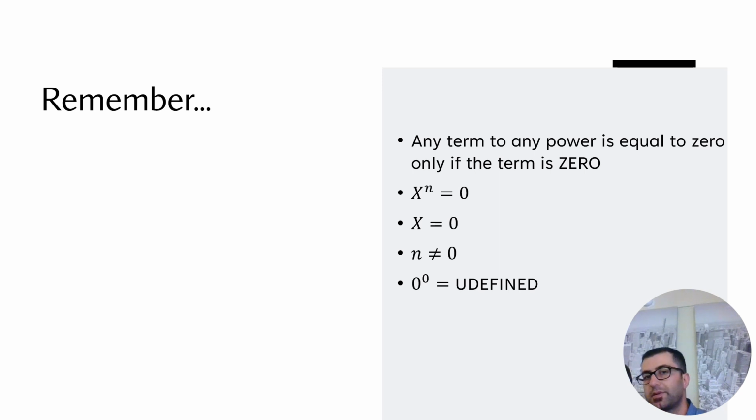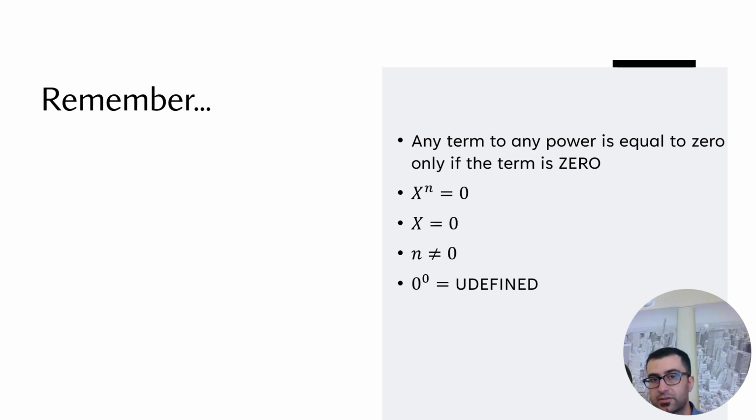The simple trick to remember is any term to any power is equal to 0 only if the term itself is 0. So x to the power of n is 0 only if x is 0. And the only condition is n shouldn't be equal to 0.